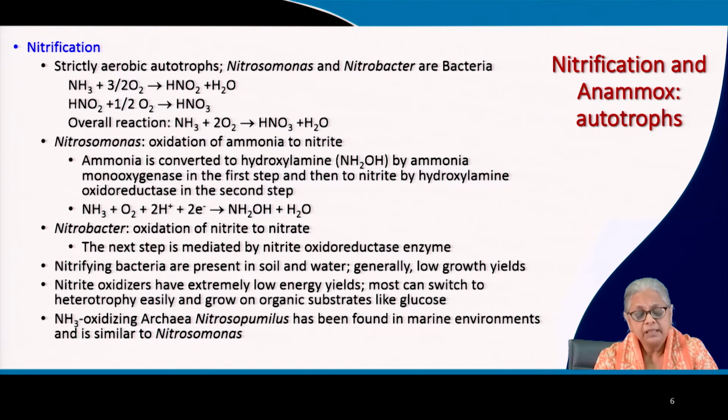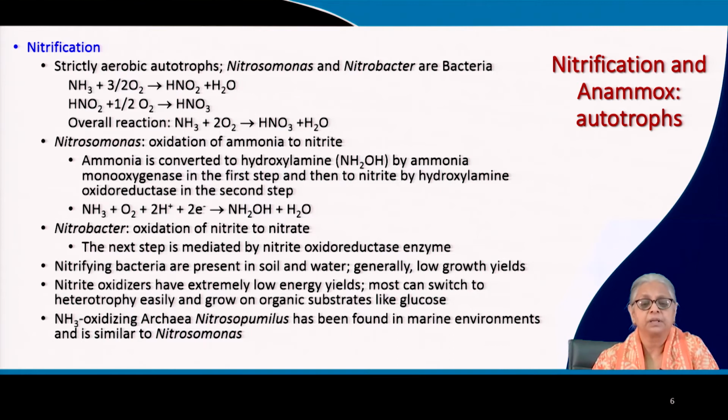Now, in many cases, it has been observed that these autotrophic bacteria can switch to heterotrophy if organic substrates like glucose are available. That's one point that has been mentioned in the textbook. Another thing mentioned in the textbook is that ammonia oxidizing bacteria are part of one of the three domains: bacteria, archaea, and eukarya.